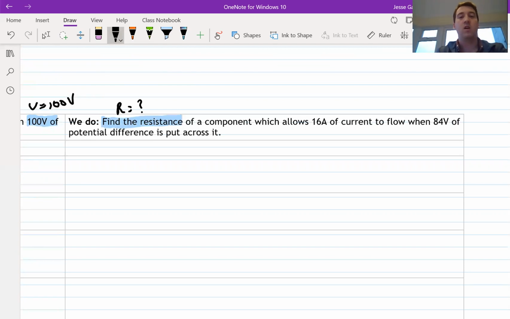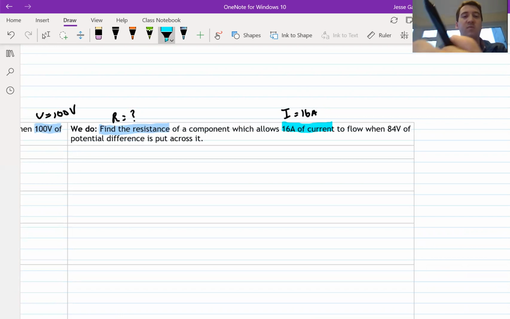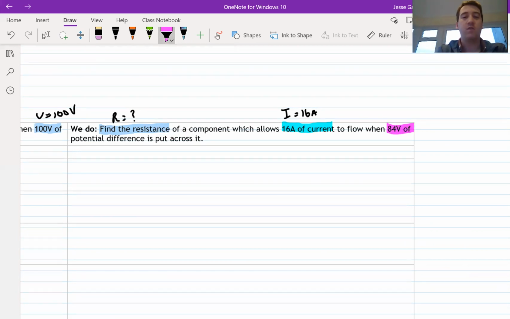Don't know R. Find the resistance of a component which allows 16 amps of current. So my current is 16 amps. I equal to 16 amps. When to flow when 84 volts of potential difference is put across it. So I know that I've got 84 volts of potential difference.